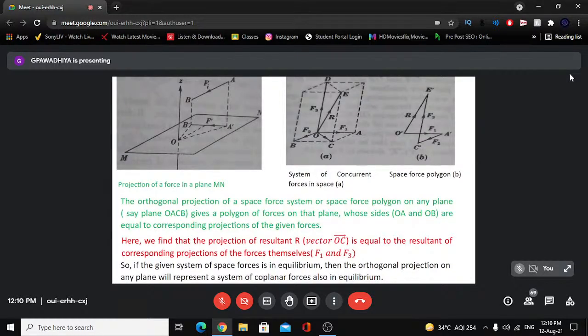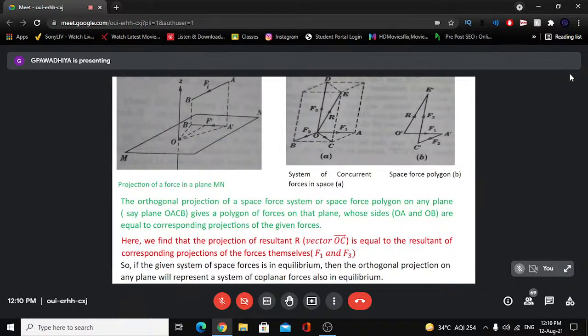Now this we'll discuss later, but at the moment I wanted to mention that we take projections also here. So as we discussed, for concurrent non-coplanar forces, we can establish their resultant as say R in this manner.